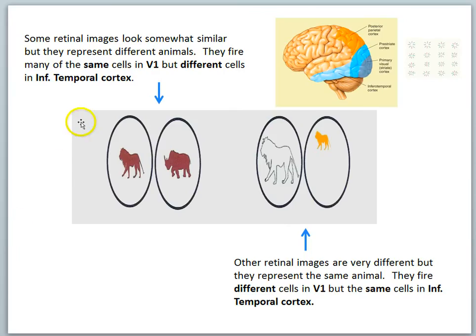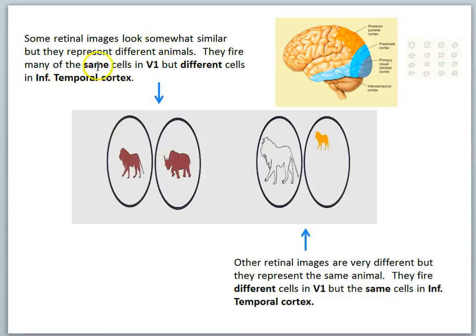So we can summarize this concept with these two diagrams here. For this first one here, notice we have the cat and, whatever that is, some kind of bull or something. So some retinal images look somewhat similar, but they represent different animals, so they're different animals.